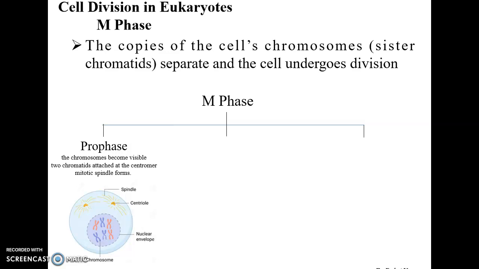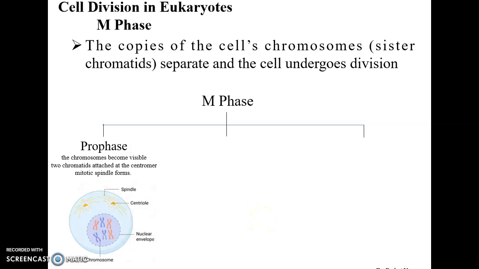The mitotic spindle, which is the organized array of microtubules that moves the chromosomes in mitosis, is formed. Here you can see the microtubules, or mitotic spindles, which are formed during prophase.